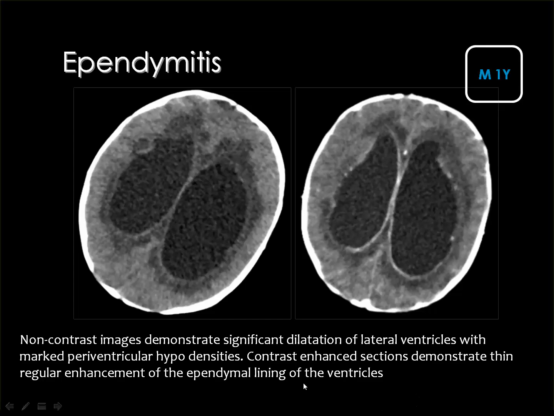If the inflammation reaches the ventricle, the ventricular wall will be inflamed. And if you inject contrast material, the wall will enhance with contrast material. And this is diagnostic of ependymitis or ventriculitis.